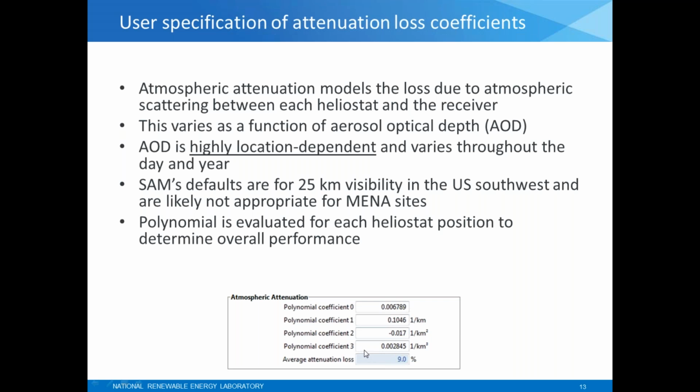So you want to be able to accurately model those conditions and design your system appropriately, and really understand whether that's a serious issue in terms of your design and performance.